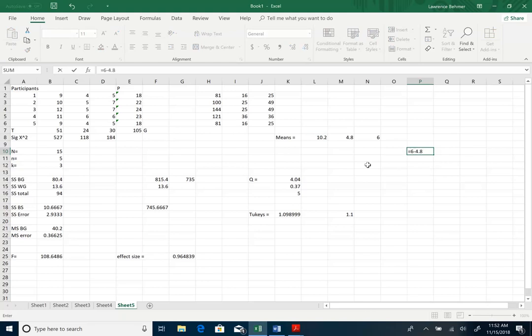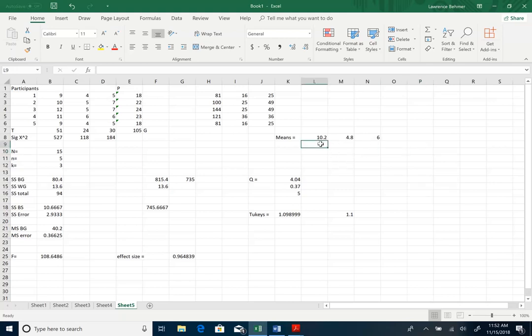Let's just double check. Yeah, 1.2, just barely. So each one of these means is significantly different than one another. So this is pretty easy. Looks like 2016 was the hoppiest year, followed by 2018, and then 2017 was the least hoppiest year. But yeah, all of these means are different.